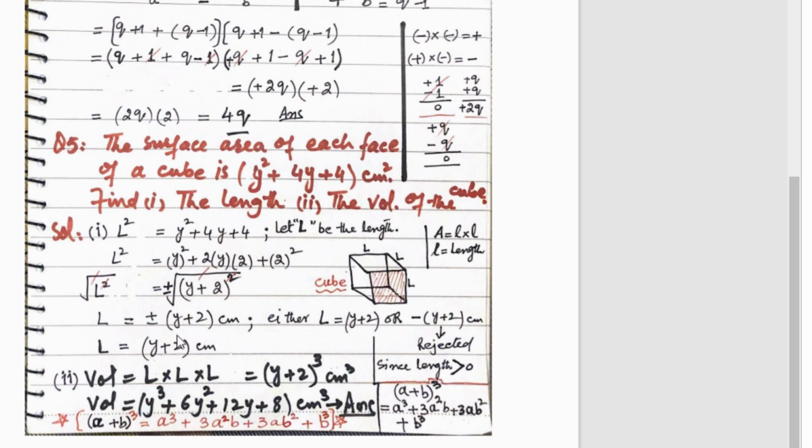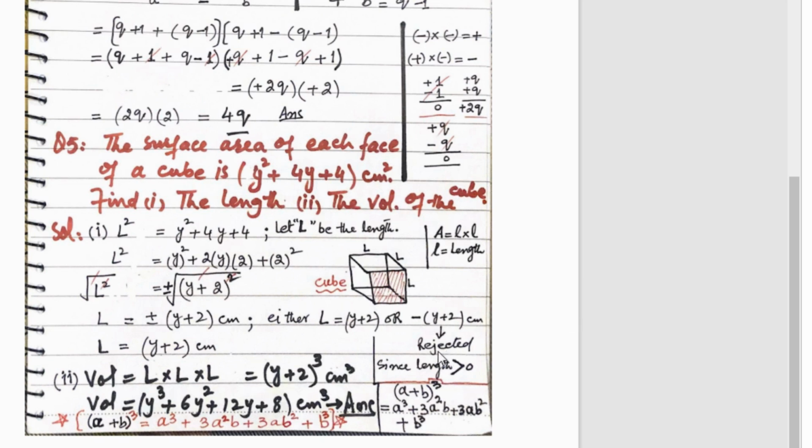We can write down plus minus y plus 2 like this. L is equal to plus minus y plus 2 centimeter means L is equal to either y plus 2 or minus y plus 2 centimeter.